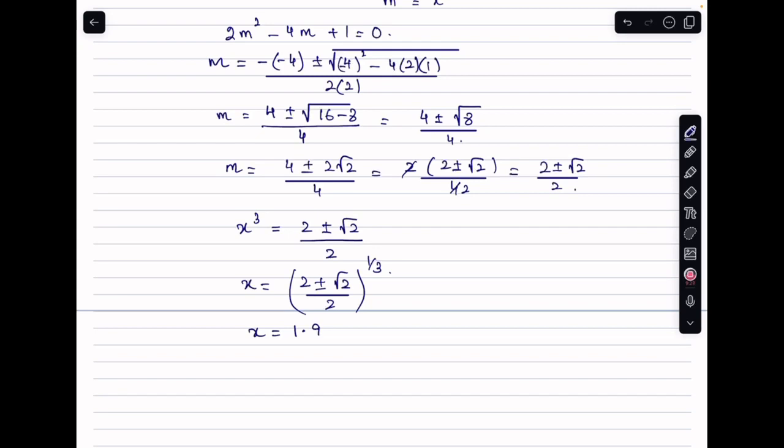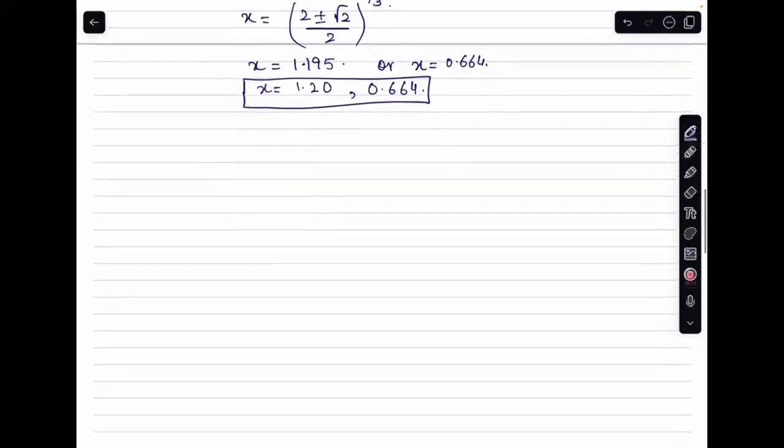The two values of x are going to be 1.195, or to three significant figures, 1.20, and the next value is 0.664. So the two possible values of x for this equation are x = 1.20 or x = 0.664. So this is how a disguised quadratic equation can be solved.